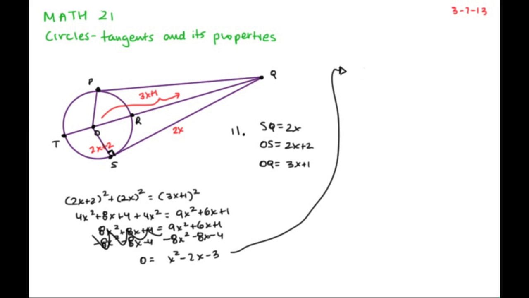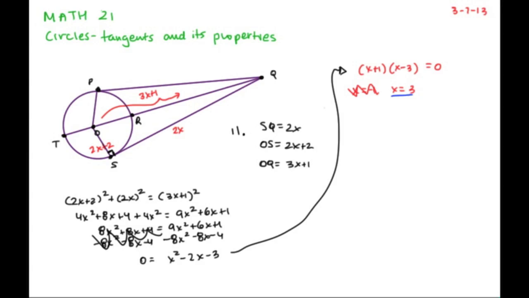What here multiplies to -3, but adding gives -2? Play around it for a while, but you'll get x plus 1, x minus 3 equal to 0. So if you solve for that, x is equal to -1 and x is equal to 3. Shun the negative values. We don't need negative values. So x equals 3. That is the only possible solution to this.